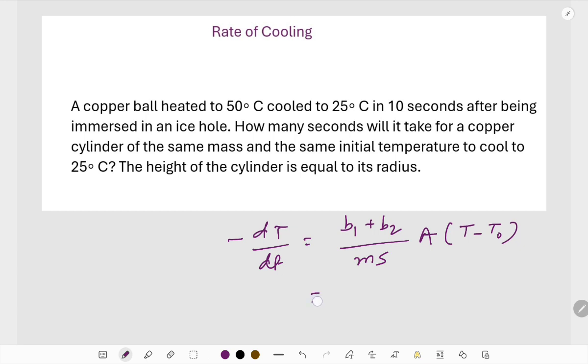Or people would like to call it simply in terms of B and A, written as B A (T minus T naught) or something like that.